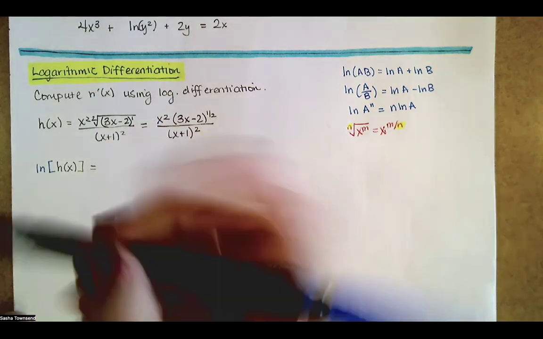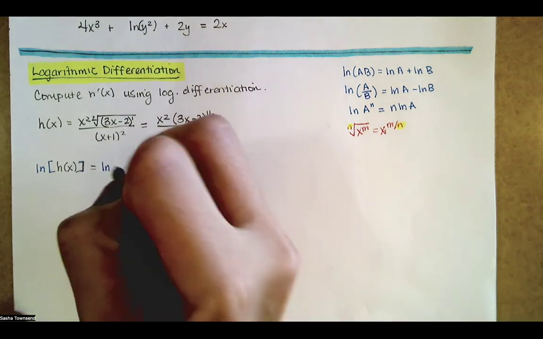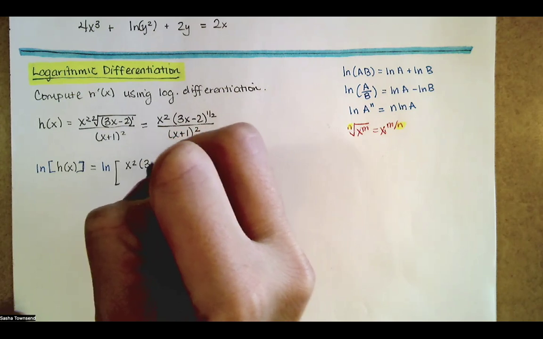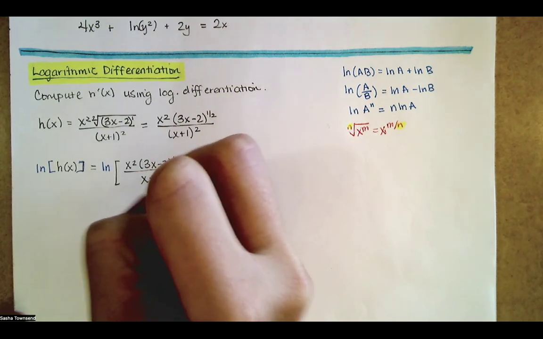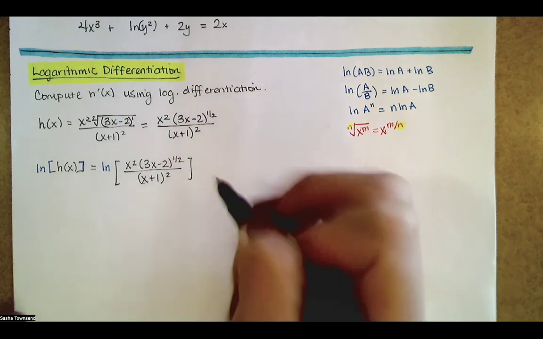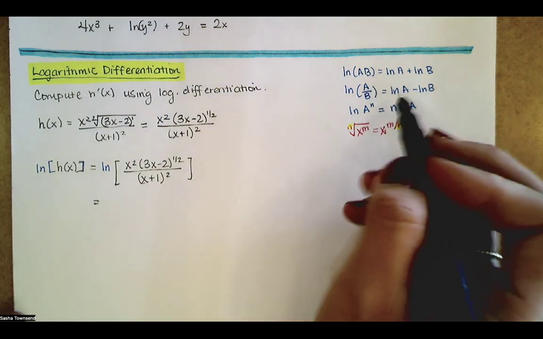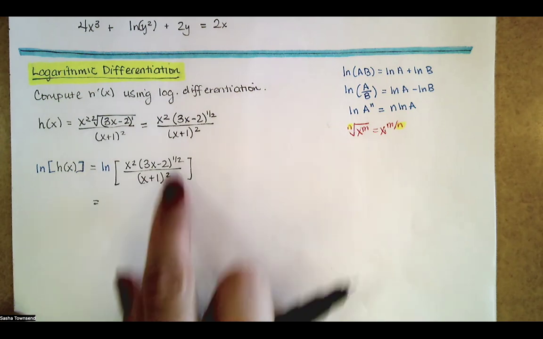equals the natural log of this quotient on the right. And the log of a quotient is log of the numerator minus log of the denominator. So we could stand back, look at it and squint, and say, that's a quotient in there.